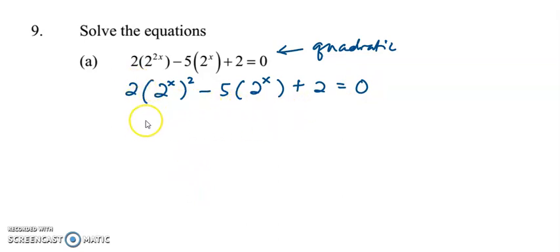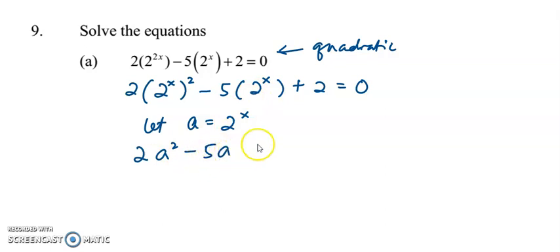If you substitute a as 2 power of x, then I will rewrite this equation in terms of a. I will have 2a squared minus 5a plus 2 equals 0. Can you see that the 2 power of x has been substituted as a? So you can see very clearly this is a quadratic equation.